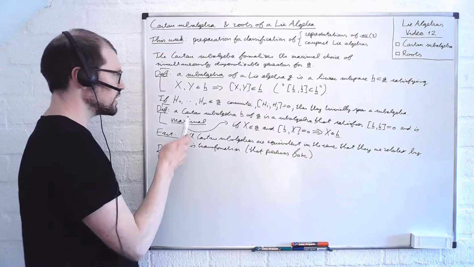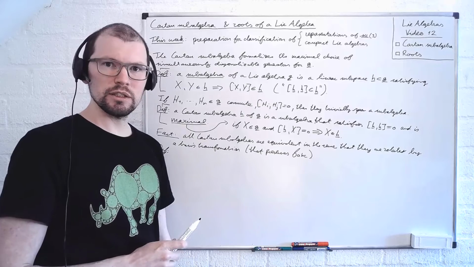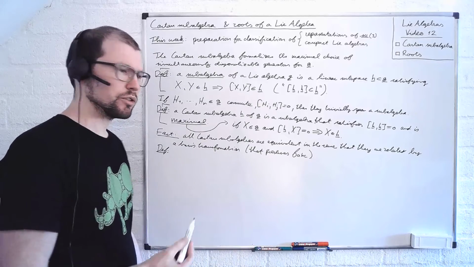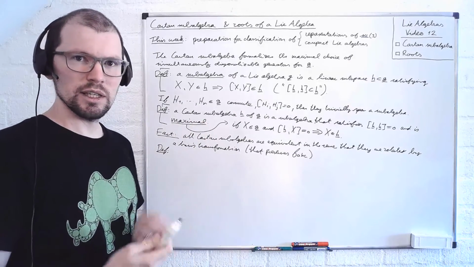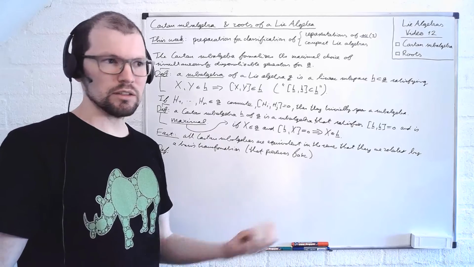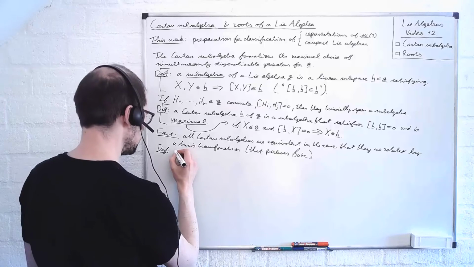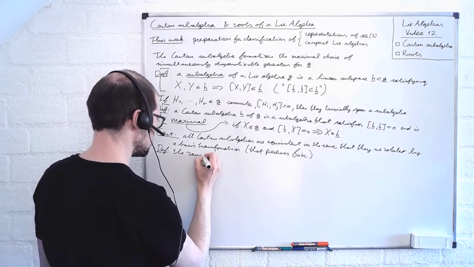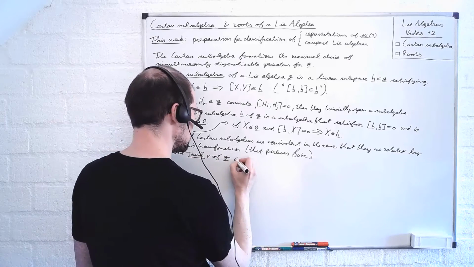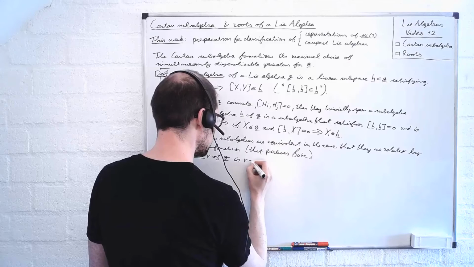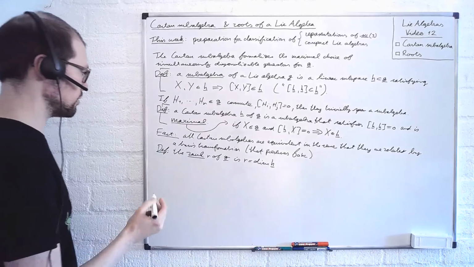And in particular, the number of such commuting generators that one can find is independent of each choice. So here really the index r, the maximal number of these, is a well-defined number that I can associate to the Lie algebra. And this is called the rank of the Lie algebra. So definition: the rank r of G is really the dimension of your Cartan subalgebra.